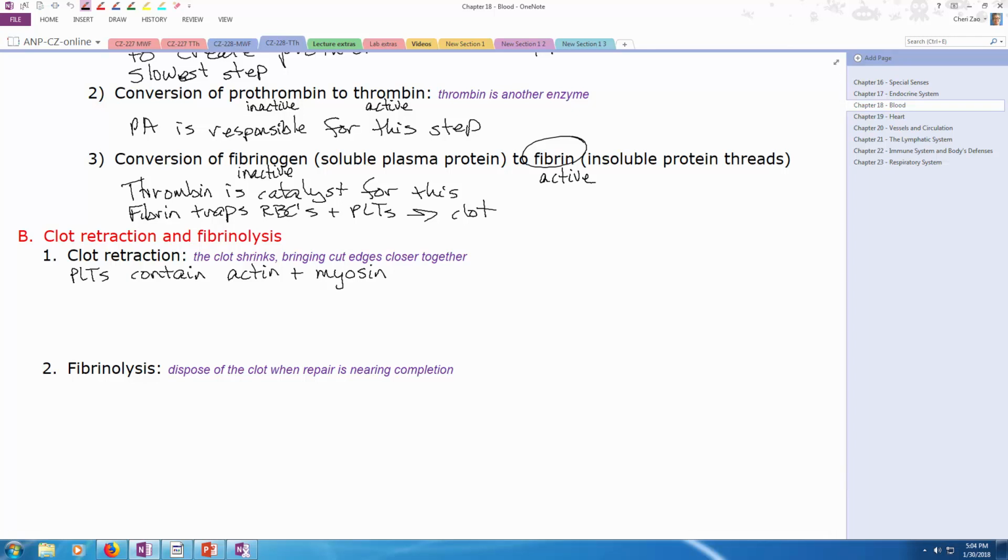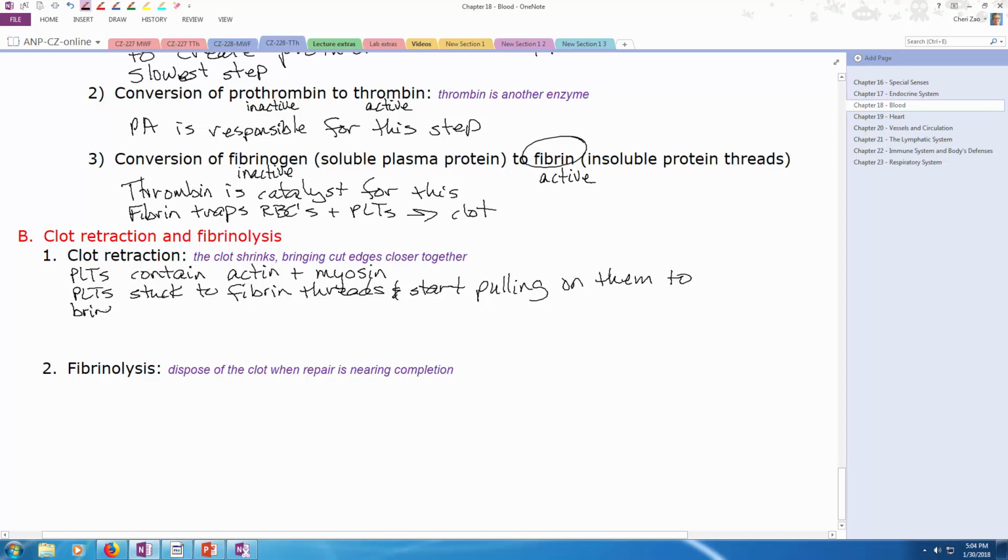So with that actin and myosin, because remember, platelets are stuck to fibrin threads, they start pulling on them, because of that actin and myosin, to bring sides or edges together.